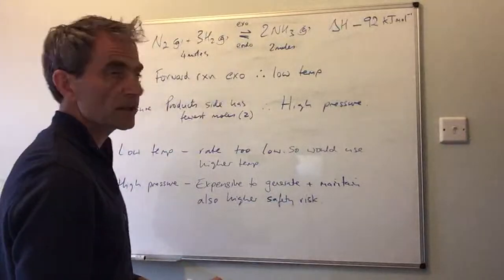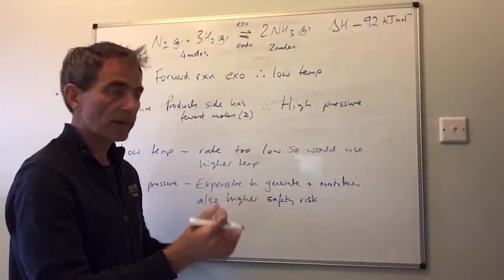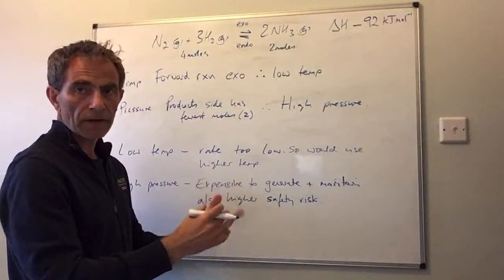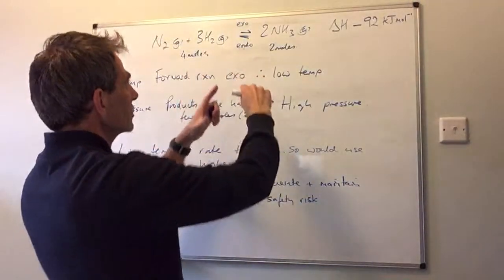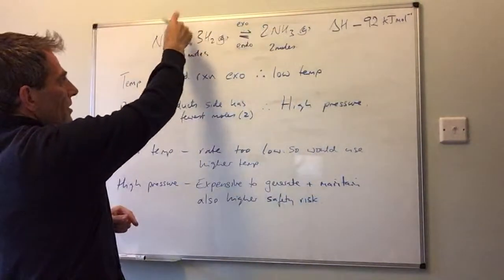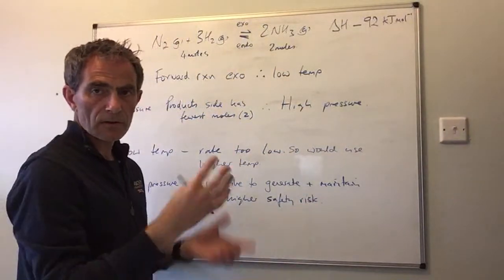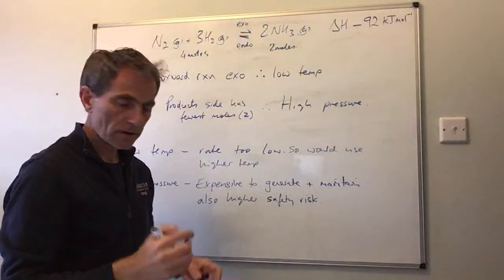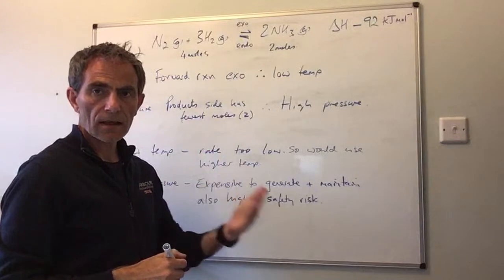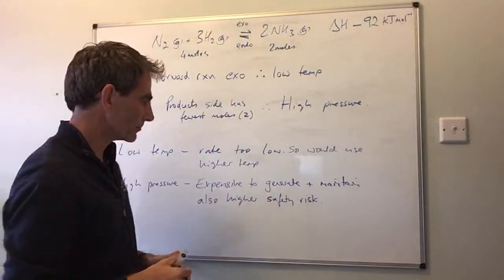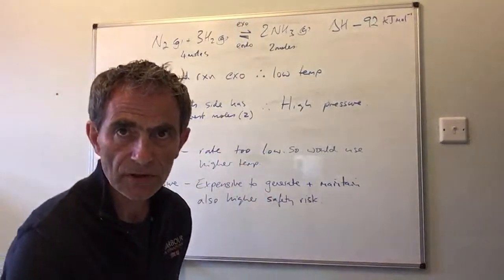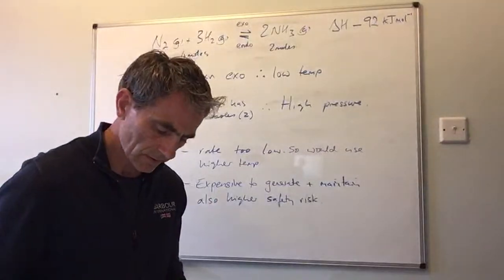So what they would probably do is bring the pressure down a little bit, and obviously that's going to have a negative effect on the yield, because a lower pressure is going to start favouring the side with the most moles. So it's this compromise word that's used between the yield and the rate. Okay, so that's it. I'm sure you've done loads of questions like that before.